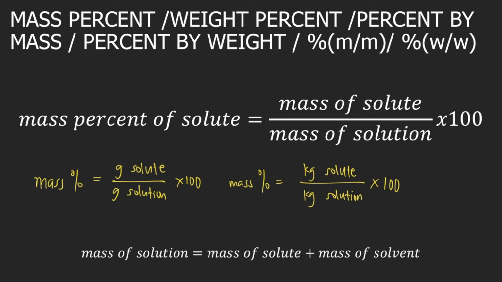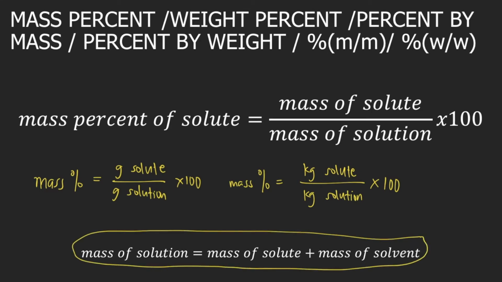The important thing is you are consistent with that unit. And another important thing you need to take note of, please remember that the mass of solution is equal to the mass of solute plus the mass of solvent. We will use this in the succeeding problems.